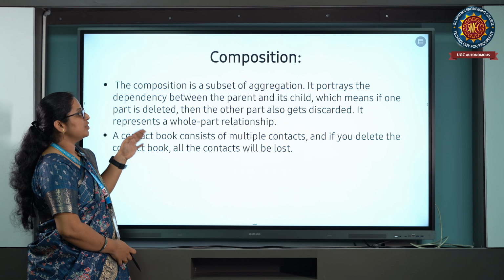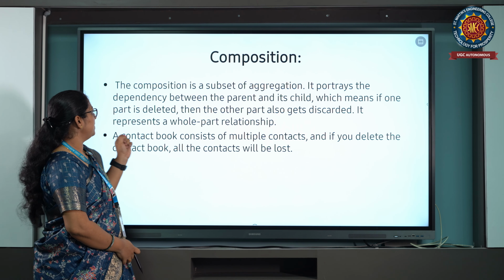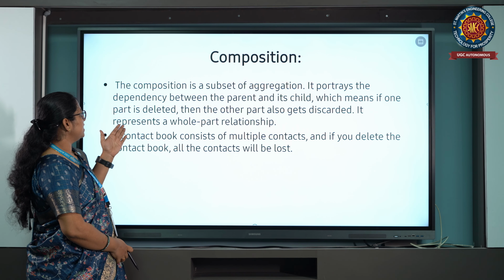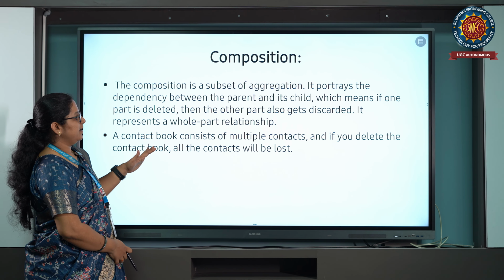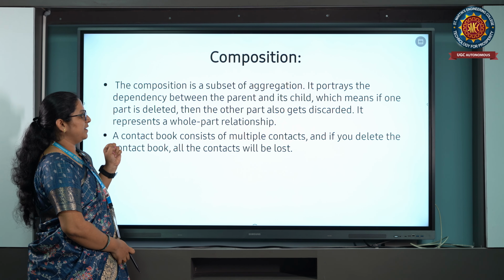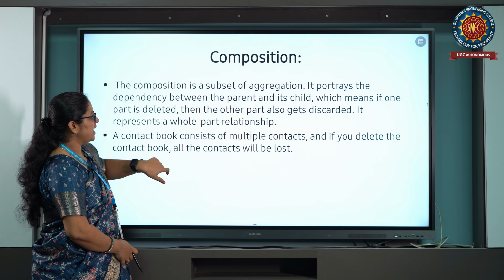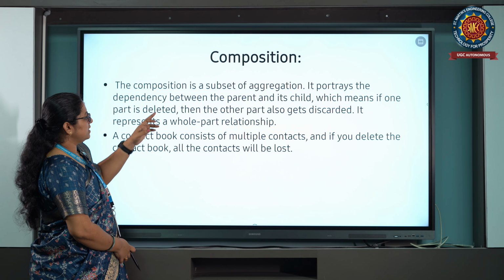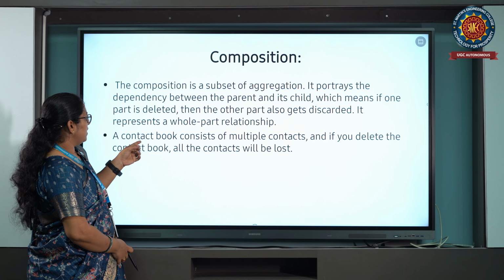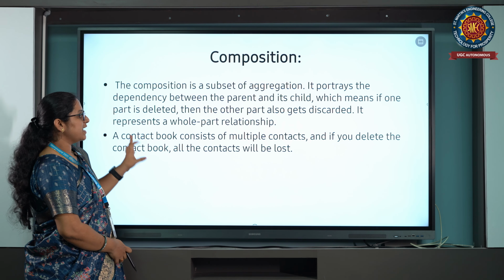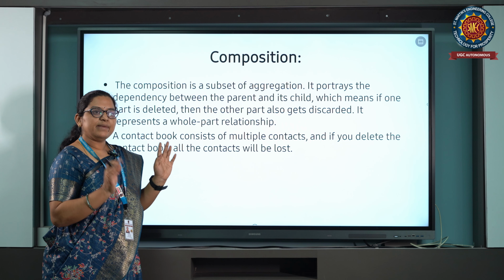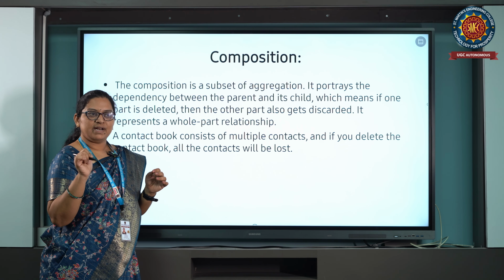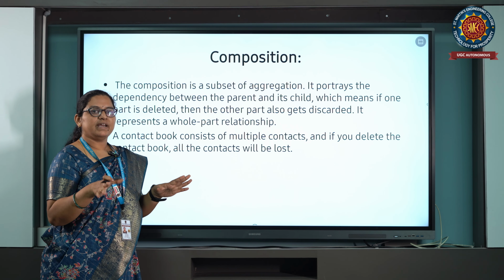And composition. Composition is a subset of aggregation. It is a dependency between the parent and the child, which means if one part is deleted, the other part is also affected. For example, a contact book consists of multiple contacts. If only one contact is deleted, it will not affect the contact book.